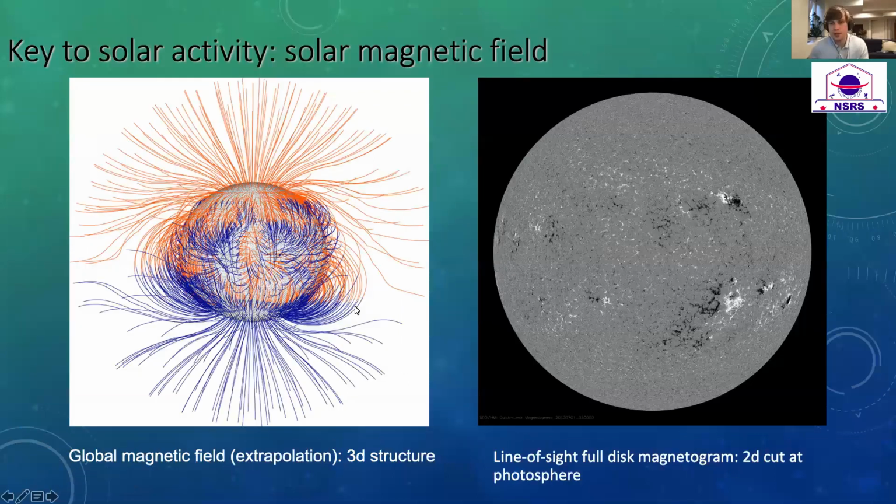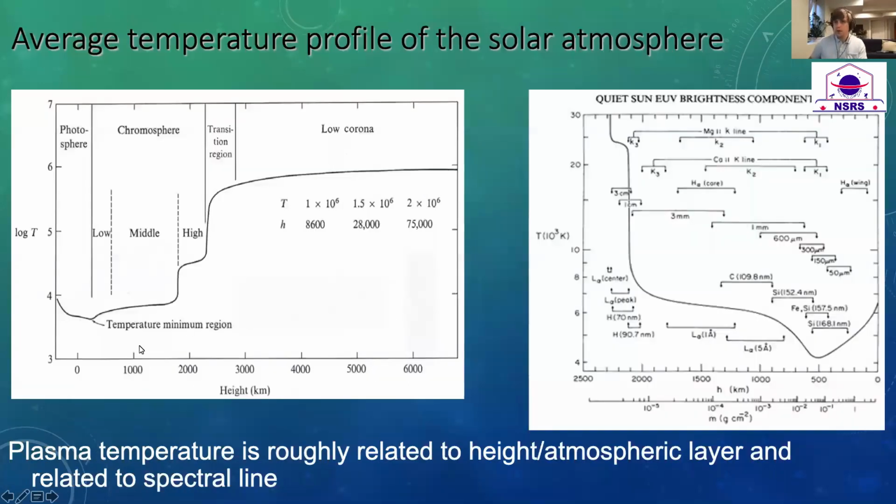That's what these plots are showing here. So the one on the left is showing the height in kilometers from the photosphere itself, what we were talking about before. And then on the y-axis of the graph is the temperature in logarithmic units.